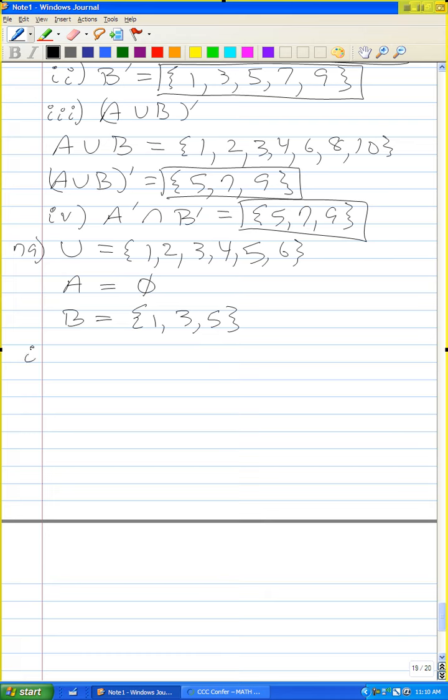So let's do the first one. A complement. So what's not in A? Well, it's the null set, so everything is not there. So 1, 2, 3, 4, 5, and 6. What is not in B? Well, everything except for 1, 3, and 5. So 2, 4, 6.